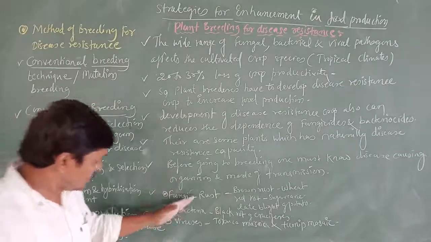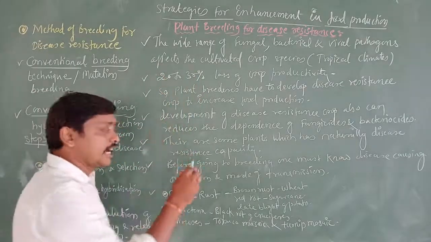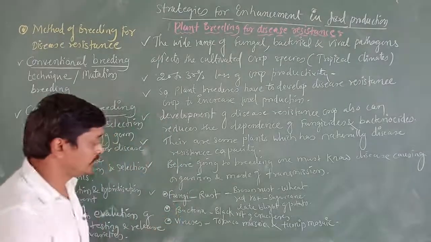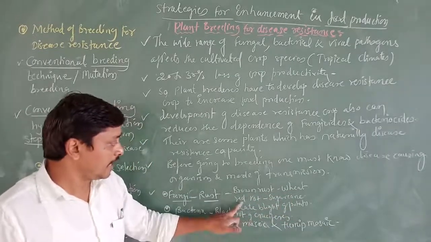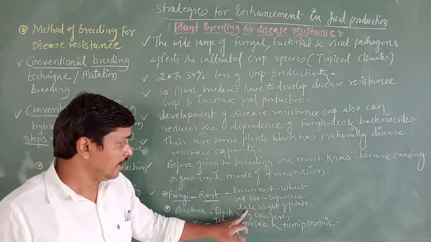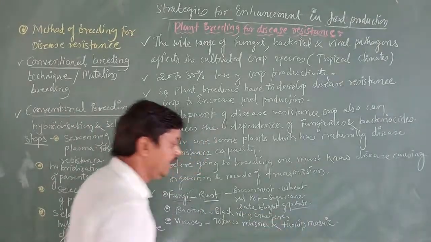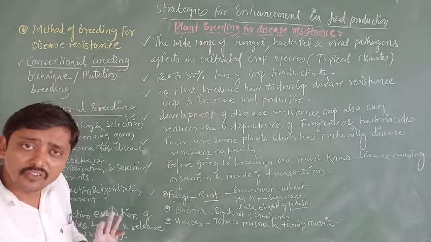Now here some diseases are mentioned which you observe in plants. Fungal diseases: rust, brown rust in wheat, red rot in sugarcane, late blight in potato. These are some diseases caused by fungi.